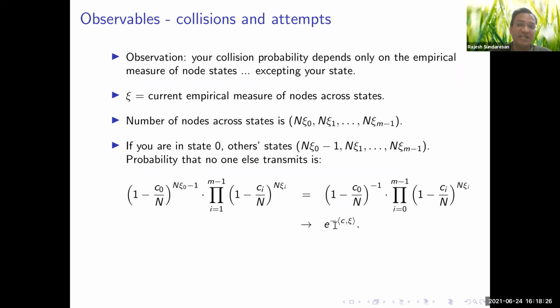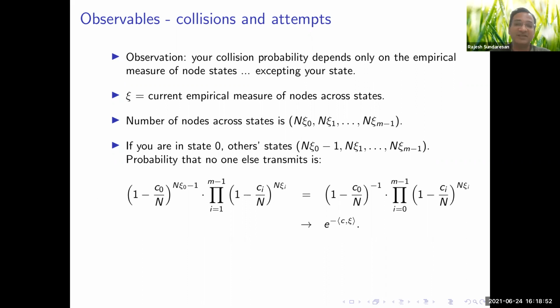And that just gives me e to the minus the inner product between C and xi, where C is the aggressiveness and xi is the current empirical measure. And of course, the first term is negligible because as n becomes large, this goes to 1. One thing you will notice here is that this probability of success doesn't depend on your node's state. And therefore, it is the same for all states.